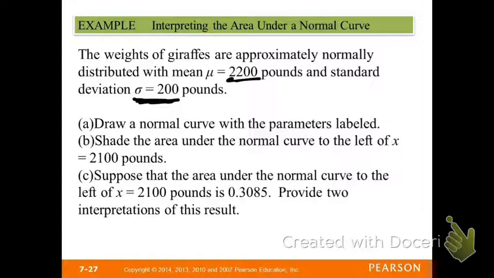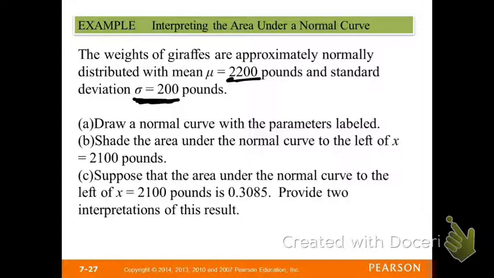Shade the area under the normal curve to the left of 2,100 pounds. All right, so we would shade the area to the left of 2,100 pounds. Suppose that the area under the normal curve to the left of 2,100 pounds is 0.3085. Provide two interpretations of this result.